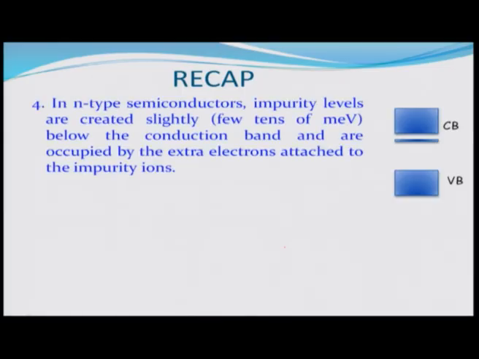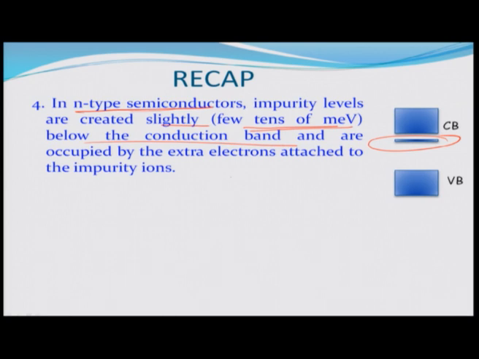Okay, then we talked of the impurity levels. If you have doped these pentavalent impurities in silicon, then you get impurity levels which are slightly below the conduction band. What slightly? Few tens of milli electron volts. I will talk more about these impurity levels in this particular lecture.